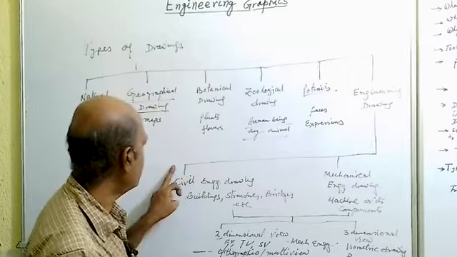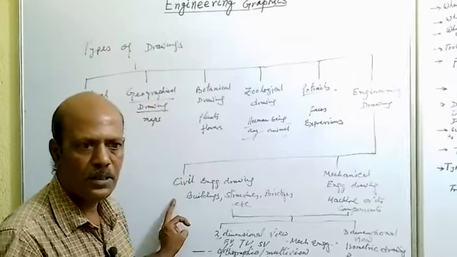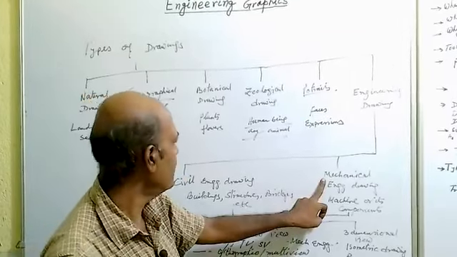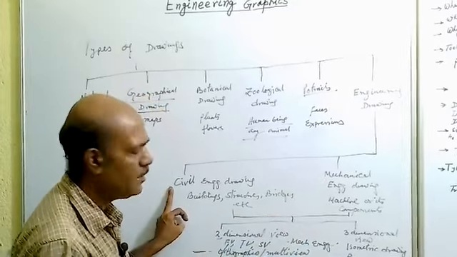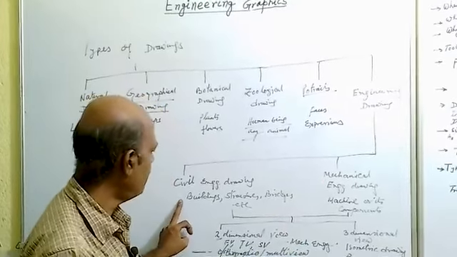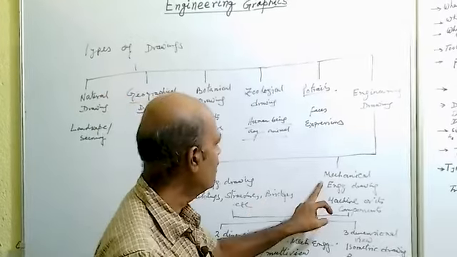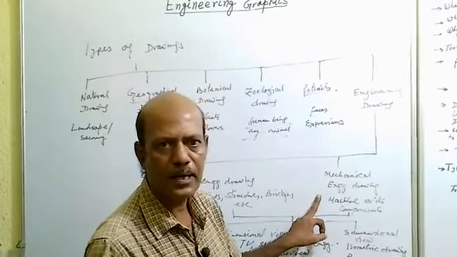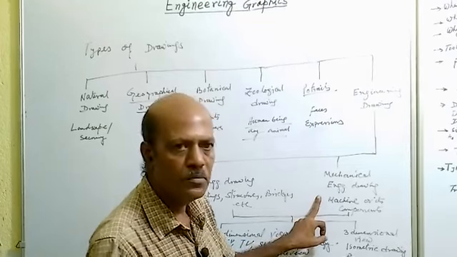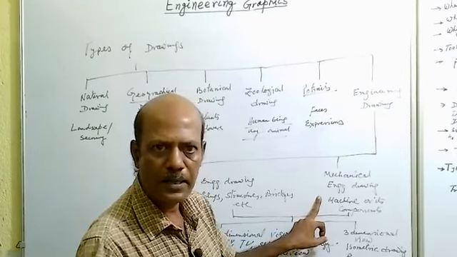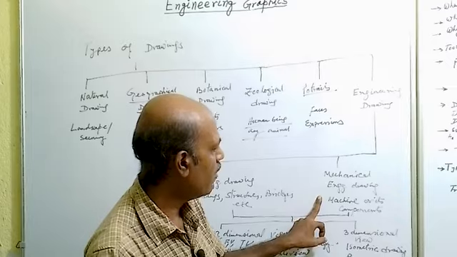Engineering drawing again is classified into civil engineering drawing and mechanical engineering drawing. Civil engineering drawing is related mainly to buildings, structures, bridges, etc. And mechanical engineering drawing is related to the drawing of various machines or their components.